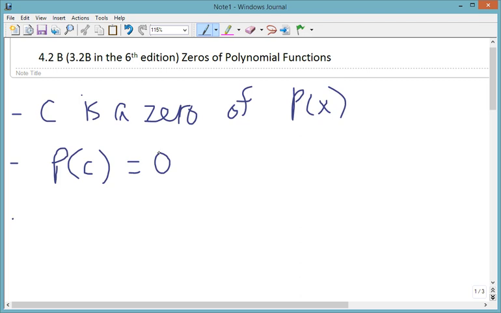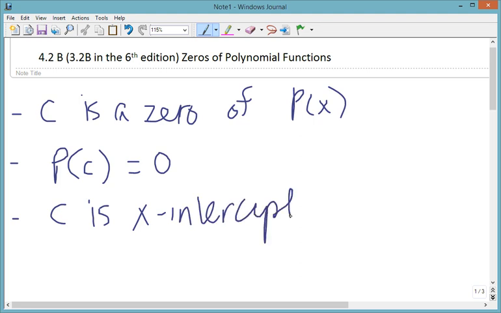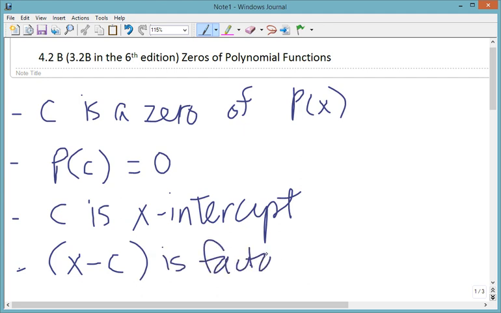It's also the same thing as saying that C is an x-intercept. It's also the same thing as saying x minus C is a factor of P of x. Those things are all the same. It's all saying the same thing. And we can use whichever ones we know or whichever ones we need to know. We can go back and forth. If we know something about C, that means we know the other things about C.